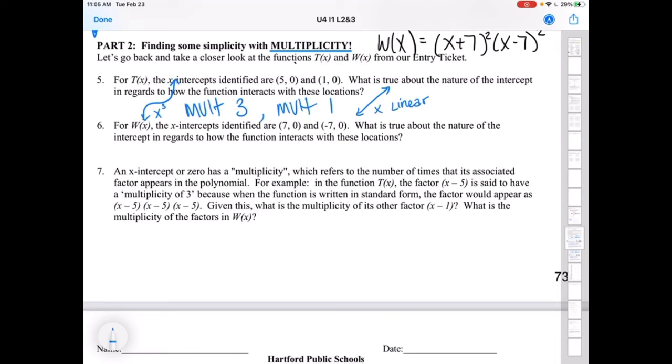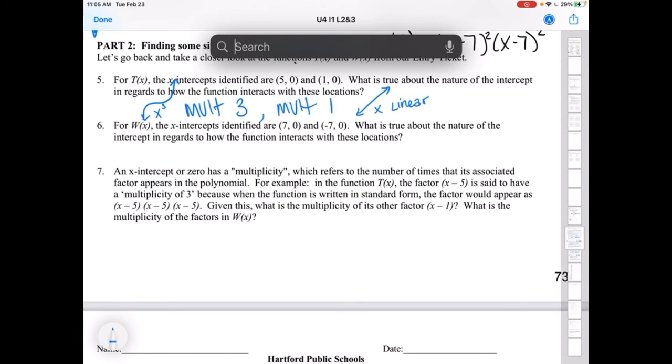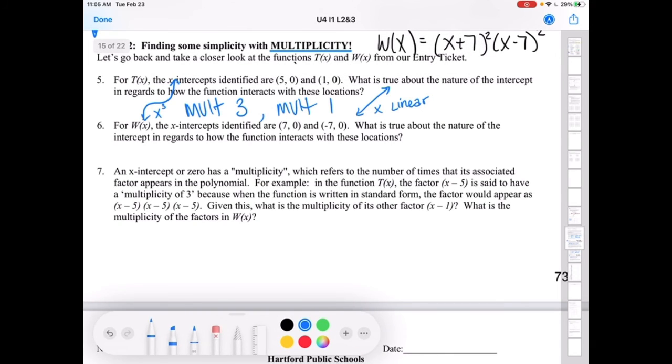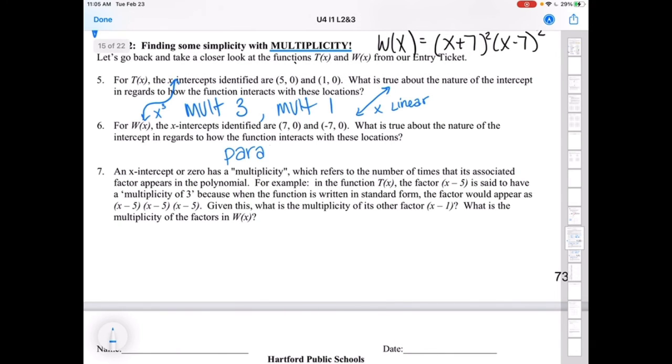So at the x-intercepts, we have (-7, 0) and (7, 0), and we see a parabola on both. The parabola kind of bounces off the root, and this has a multiplicity of 2.